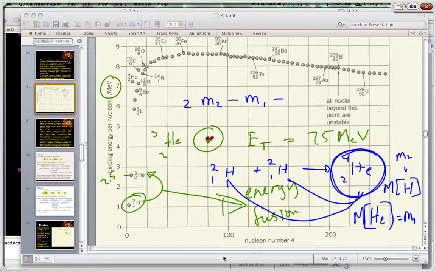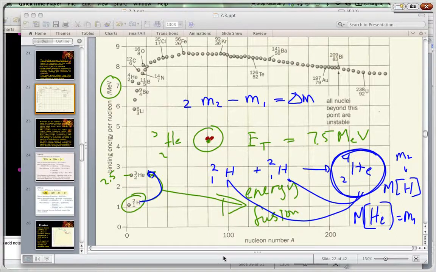All right, I would get a change in mass, and that would be the energy, and that would be the binding energy now that is increased. So there has been an increase in the binding energy. Energy has been given out. That's your energy of fusion.